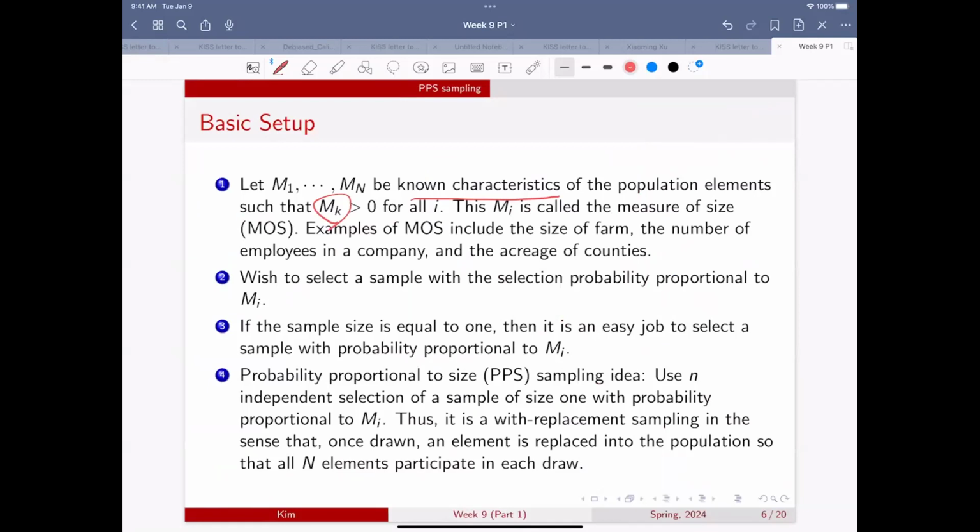independent selection. The proper PPS sampling idea is to use independent draws, which means sampling with replacement. Because we select with replacement, selection in the first draw does not have any effect on the second draw, so it becomes independent.